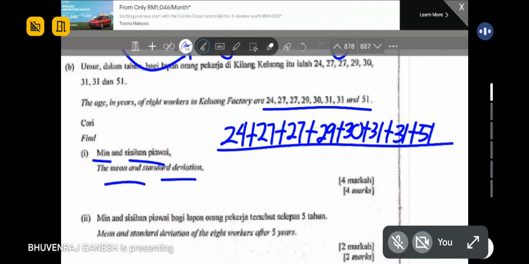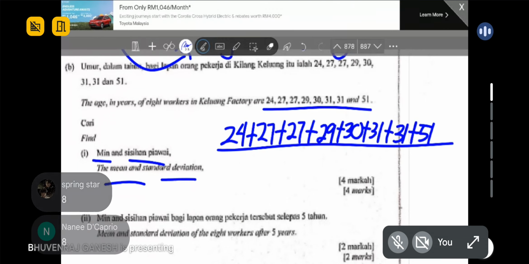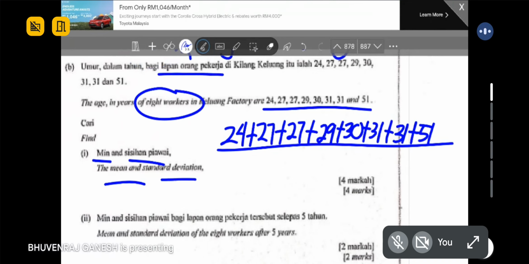Divide what? Bagi berapa? What is the value? Divide how much? So you take the total jumlah. Yeah, 8 workers. Can you see guys? 8 orang pekerja. So bagi 8 lah. So your final answer is 250 over 8. Ini jawapan dia for mean.